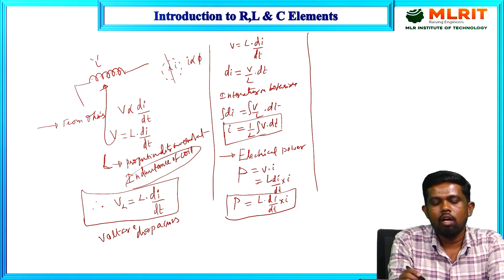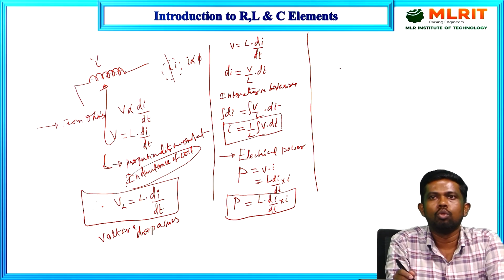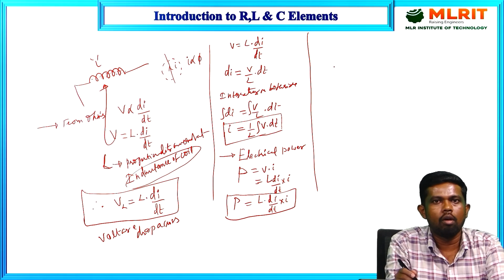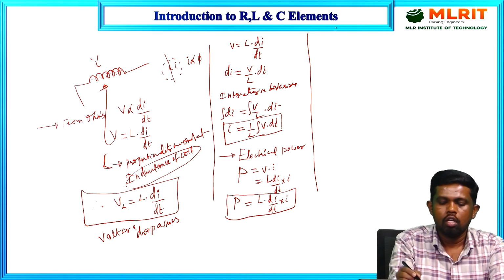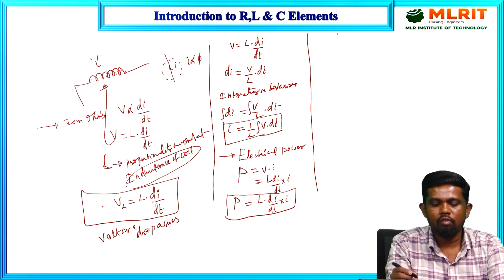Next, we have clearly said the inductor is an energy storage element which can store energy in the form of an electromagnetic field. How much is stored by this inductor, we need to find.